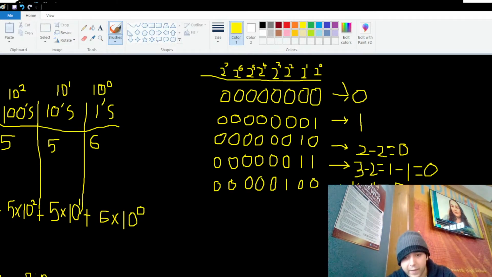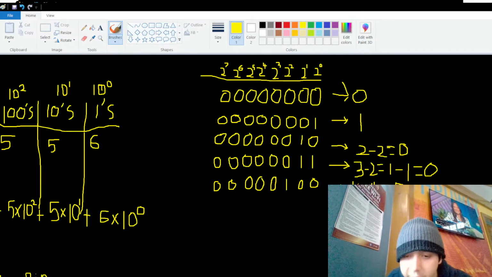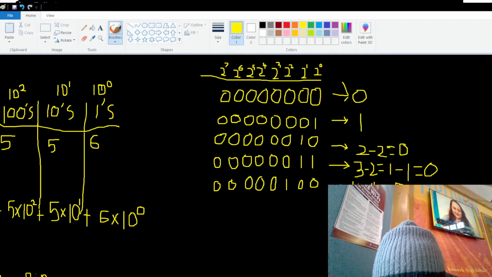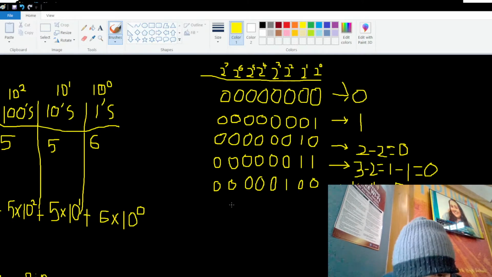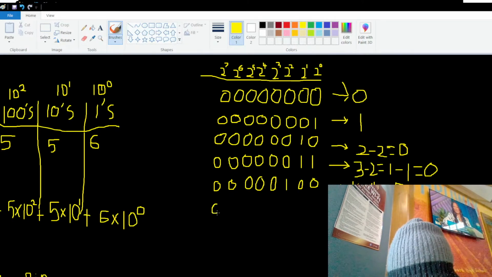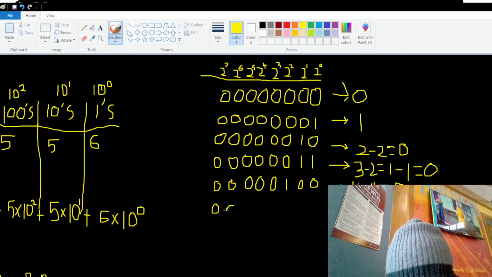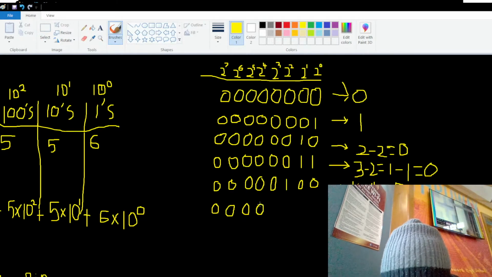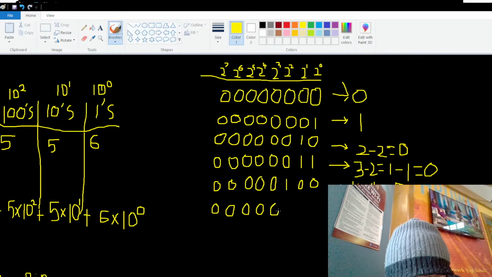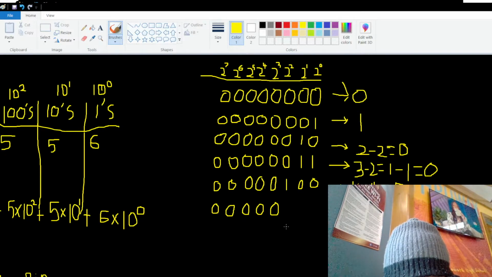Let's try 5. And I'm only going to go up to 9, I think, but just to hit the point home. 5: 0, don't need it. 0, 0, 0, 0, because that's 8, 2 to the 3rd. 2 squared, that's 4.